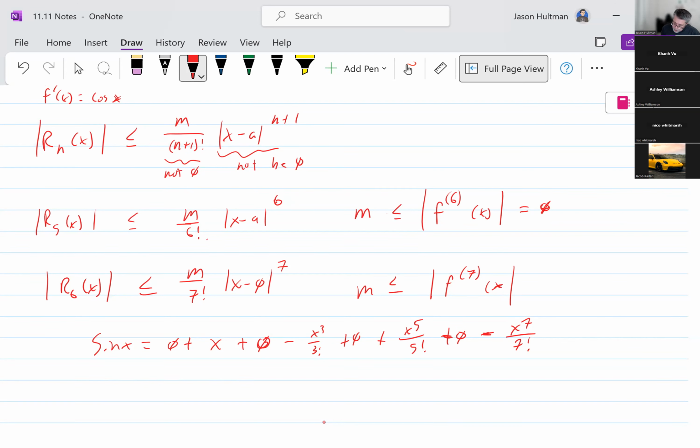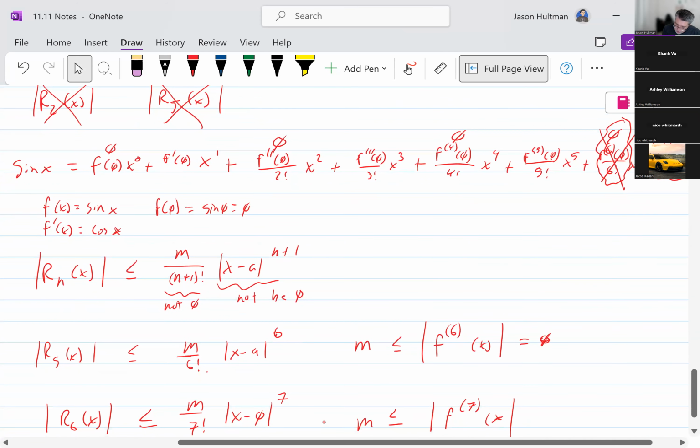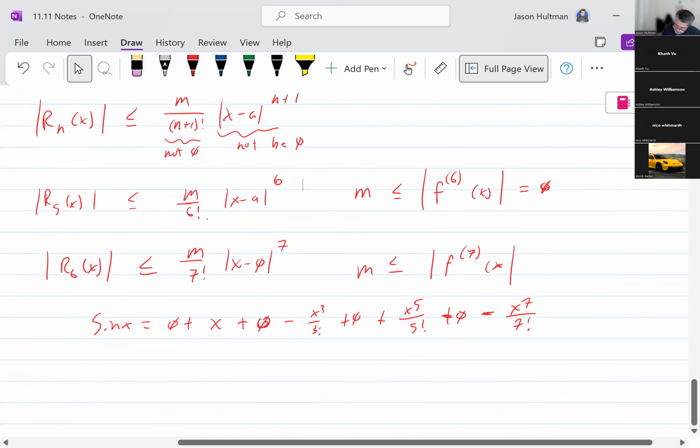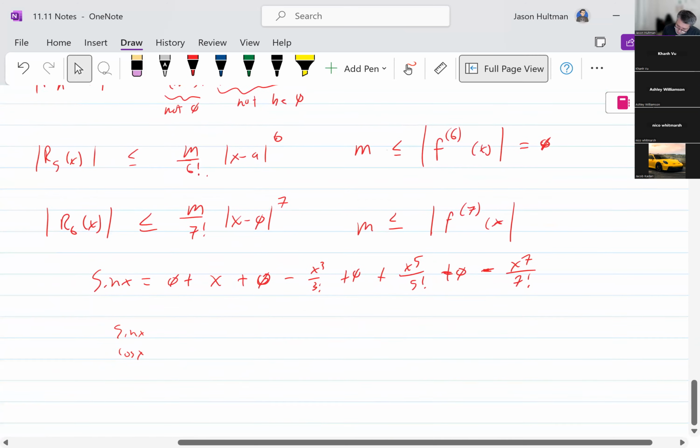It was -1, and so how would I get -1? I mean, I really didn't want to have to write out all 7 derivatives, but I will. You know, they're just going to oscillate. It's going to go sine x, cosine x.